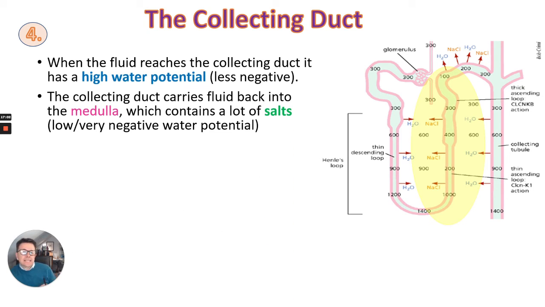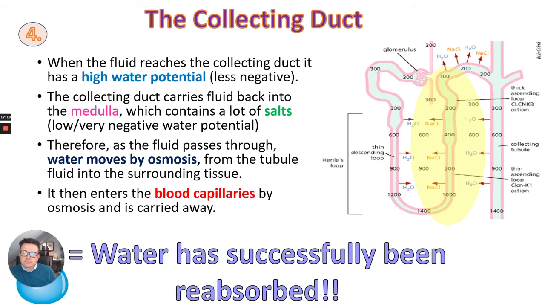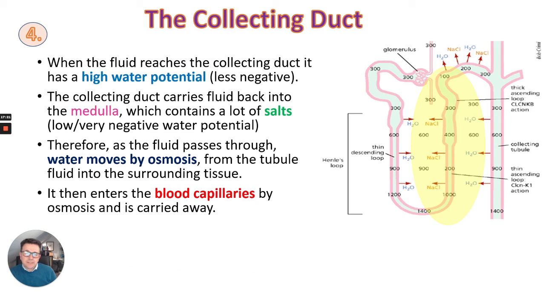The collecting duct carries the fluid back into the medulla, which contains a lot of salts, so it has a low and very negative water potential. The reason for that is to reabsorb as much water as possible. As the fluid passes through, water moves by osmosis into the surrounding tissue, and then it's able to enter blood capillaries and is carried away.